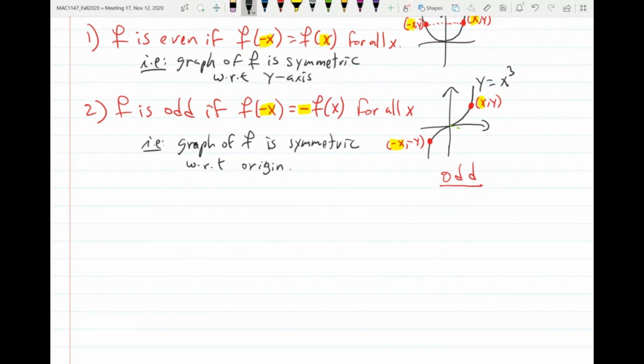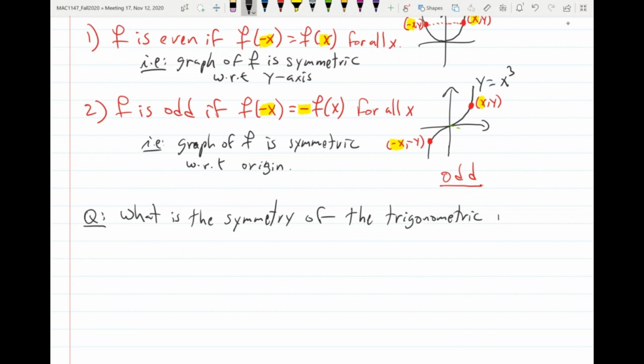So the question is, what is the symmetry of the trigonometric functions? And this is because, remember, we are analyzing these functions, so our job is to eventually be able to graph these functions.